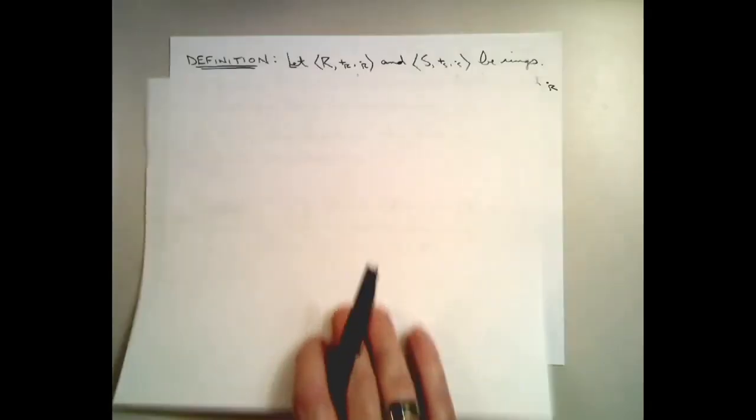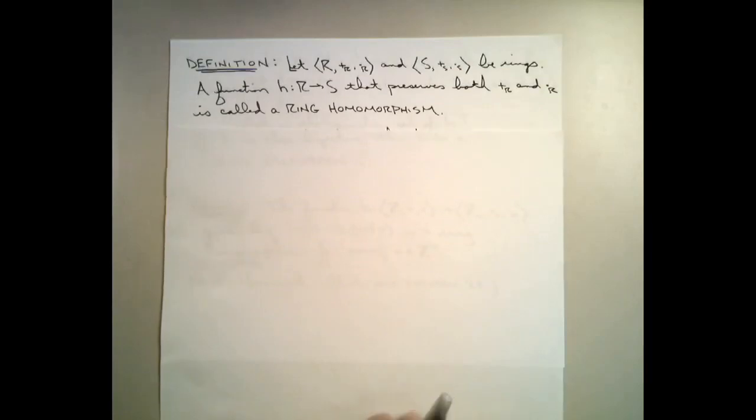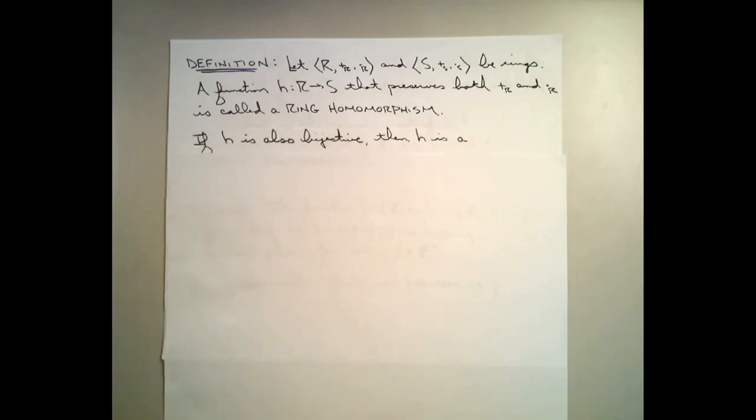Okay, so that leads us to the definition, right? If I have two rings and a function between them that preserves both the addition in my domain ring and the multiplication in my domain ring, then I'm going to call that function a ring homomorphism.